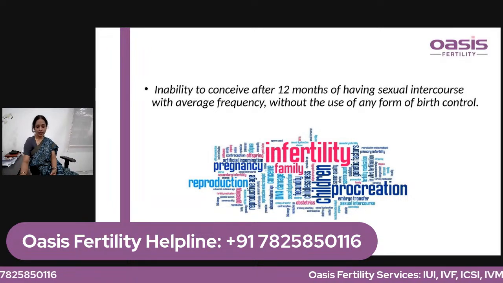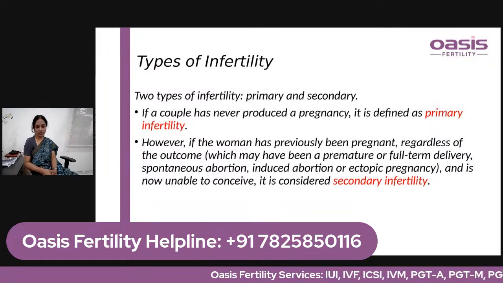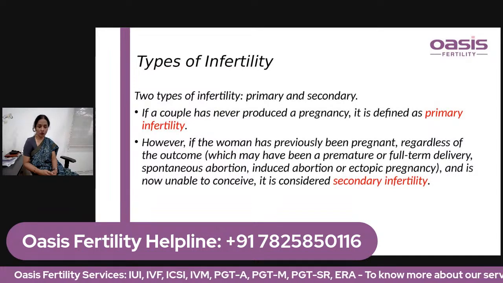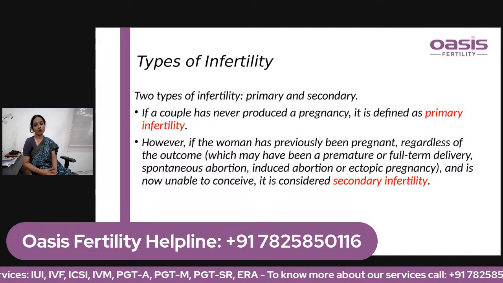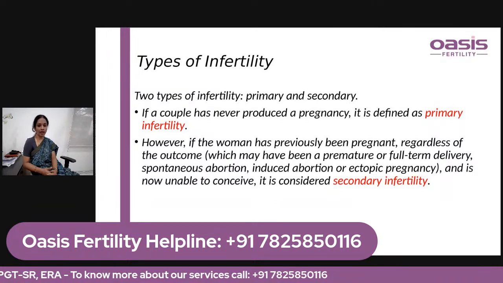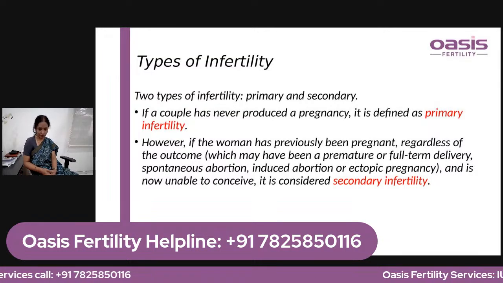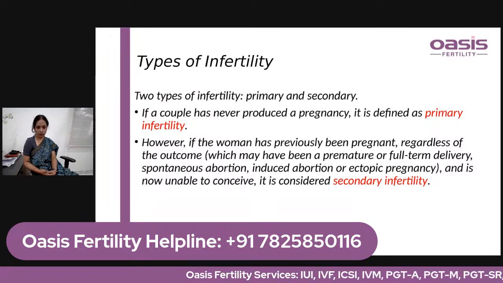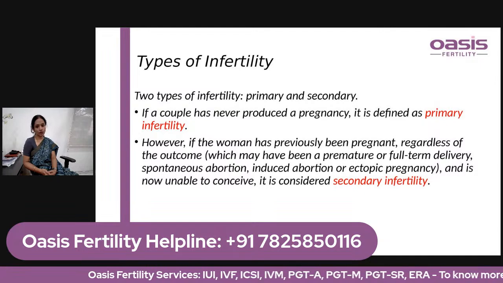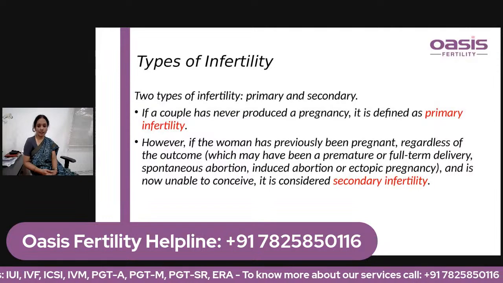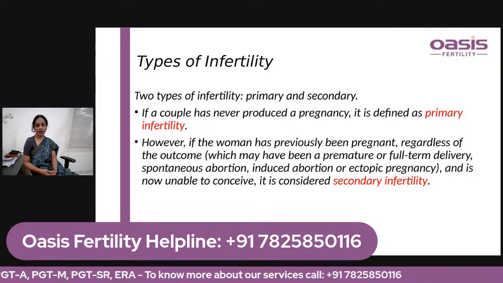So if that is the definition, there are also types of infertility. Infertility can be primary or secondary. How do we define this? We call it primary infertility if the couple has never had a pregnancy before. But if the couple has been pregnant before, regardless of the outcome, whether a full-term delivery, a miscarriage, an ectopic pregnancy, or an induced abortion, if the woman has conceived before, then it is secondary infertility.